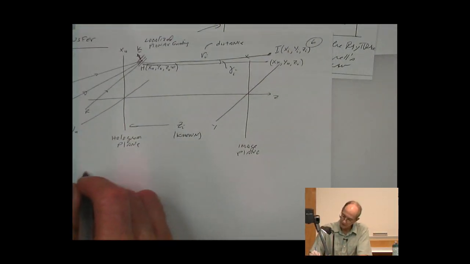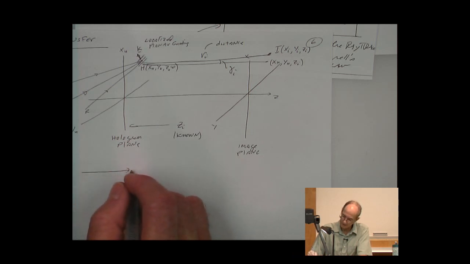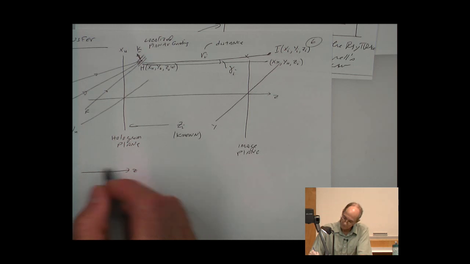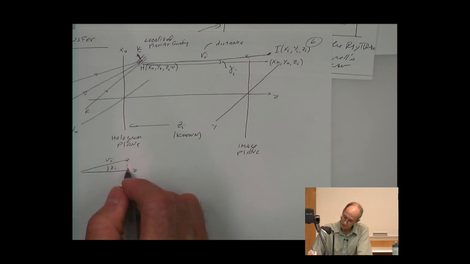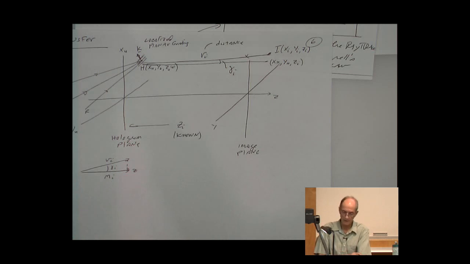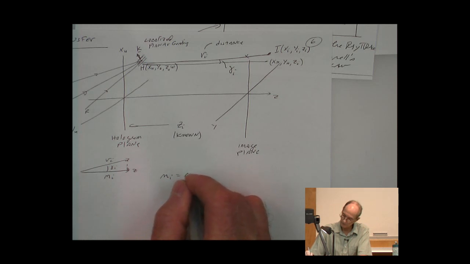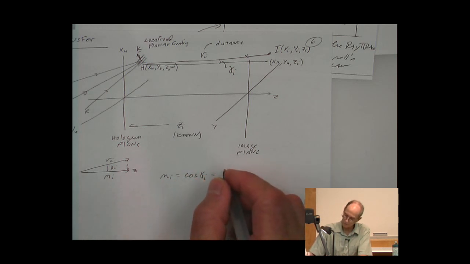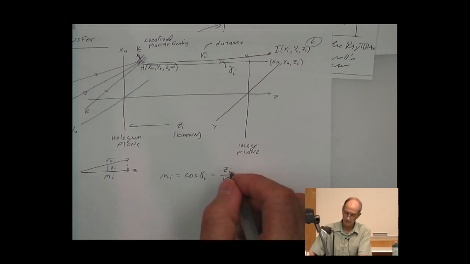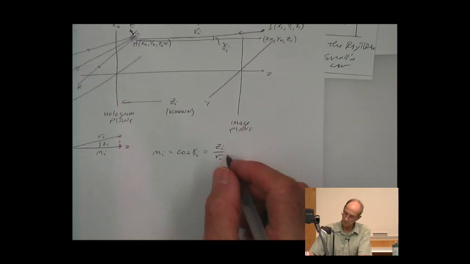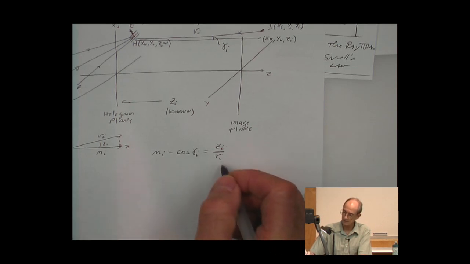So here, this is along the z-axis, and here is Ri, here's gamma i, and so if we project this down, that's equal to Ni, which is equal to the cosine of gamma i, but the cosine is just equal to Zi over Ri. And we know Zi, and so now all we need to find is Ri, right? We have Ni, we have Zi, and now we can get Ri.